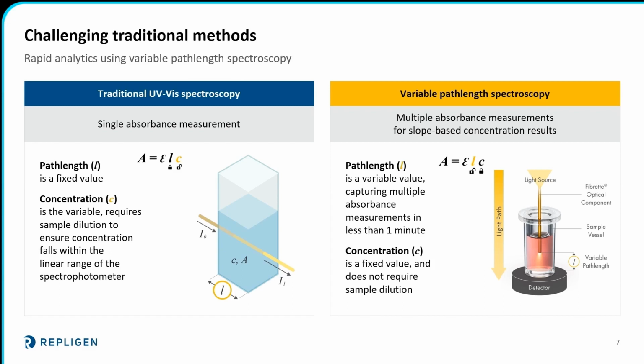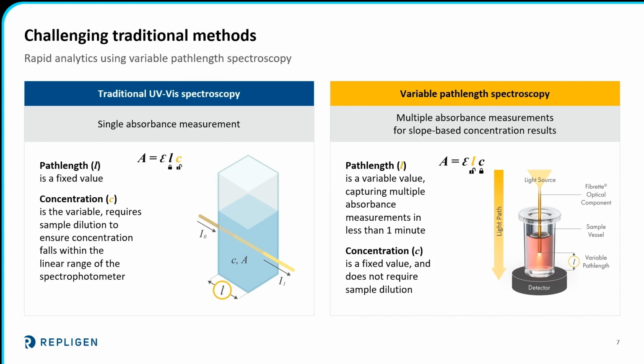Using this technique, we're able to utilize the SoloVPE ranging from path lengths of 5 micron to 15 millimeter, and as small as a 5 micron step. This approach allows the concentration to be a fixed variable now within the component. So there's no reason or need to serially dilute your samples, and we rely on the system's ability to dynamically change path length to determine the best linear fit within the sample.